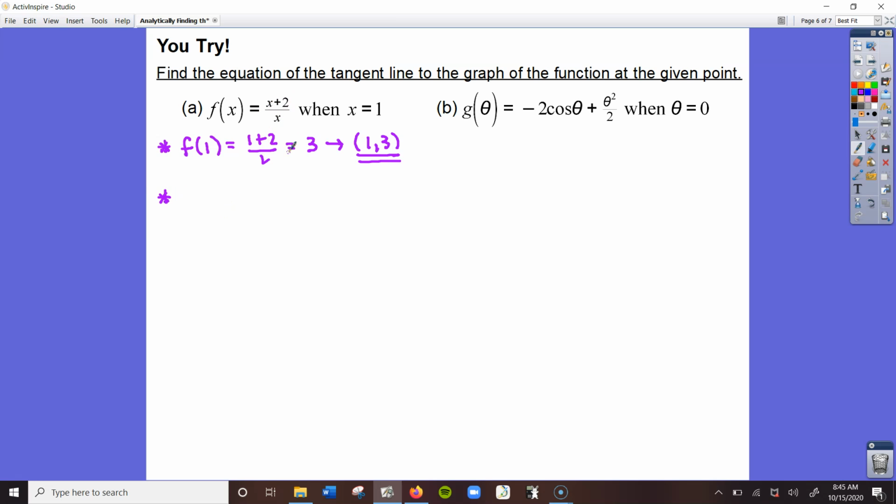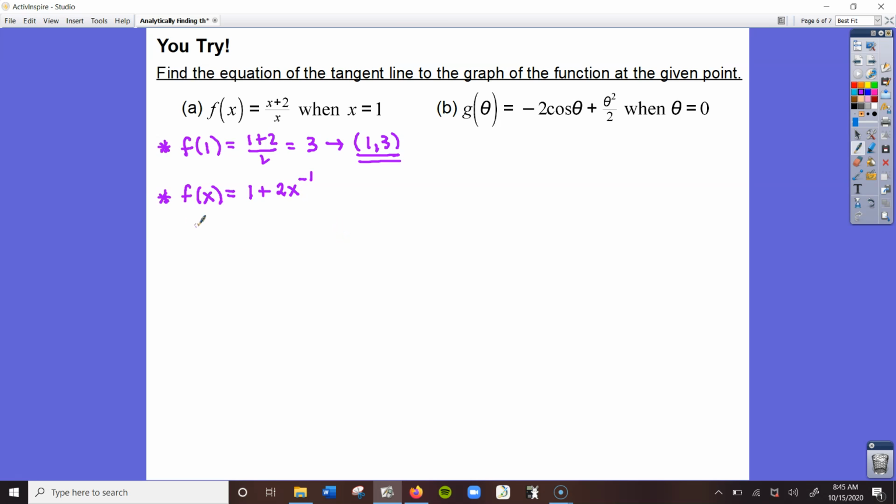But before I can find the derivative, this is not in polynomial type form. So I need to rewrite f of x, which, since everything is divided by a monomial, I just divide everything in the numerator by that. X divided by x is 1, plus now 2 over x, I can rewrite as 2x raised to the negative 1.